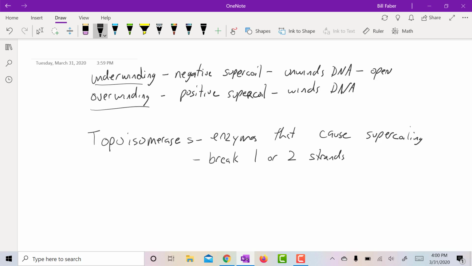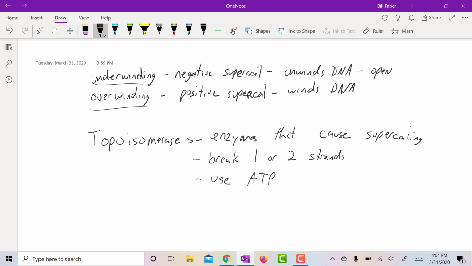So it can just do 1 or 2 when doing the supercoiling. And typically, because of that, they use ATP to make this happen. Okay, they consume ATP. It's something that normally wouldn't take place. So like I said, it doesn't have to be cyclical DNA. Both eukaryotes and prokaryotes still supercoil their DNA.